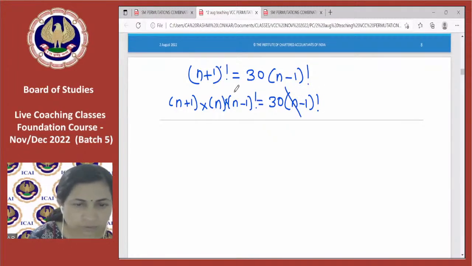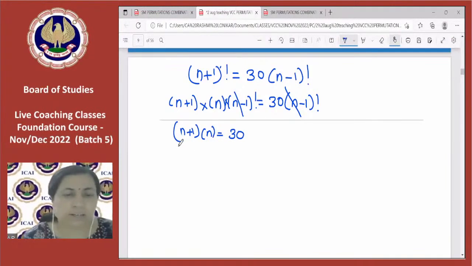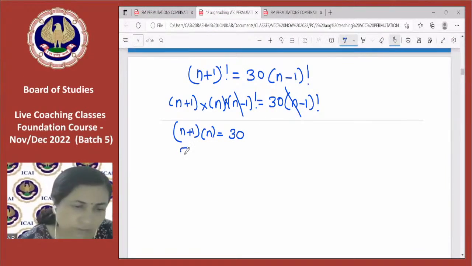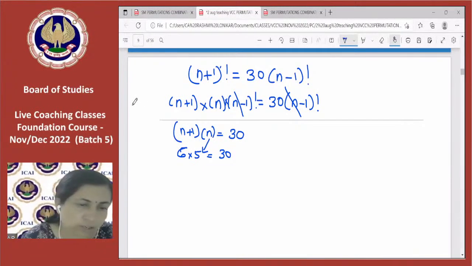This n minus 1 factorial gets cancelled and I have n plus 1 into n is equal to 30. So I get n as 5, this is 6 into 5 is equal to 30. So n is equal to 5 because n into n plus 1, so smaller number into bigger number. Which of them is the smaller number? 5. So n is 5.